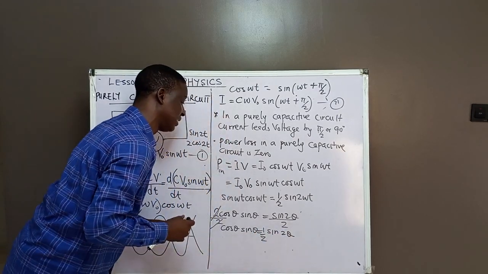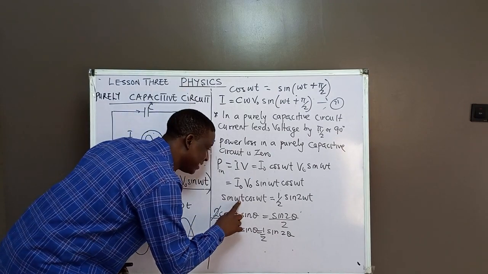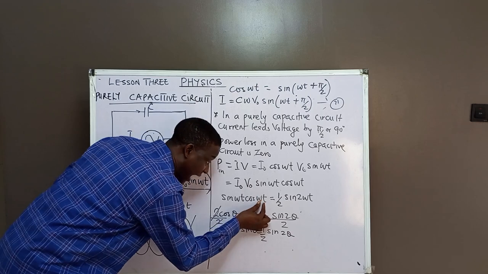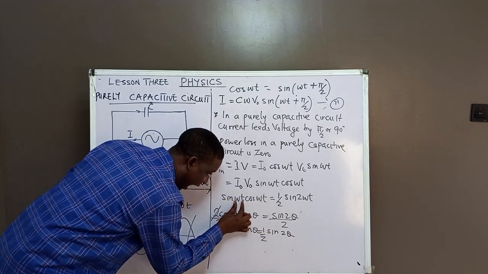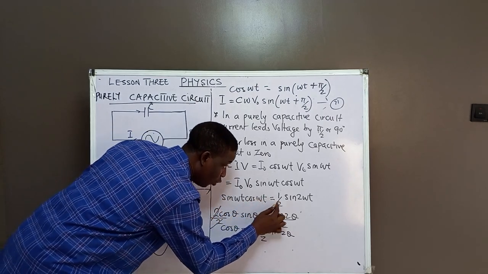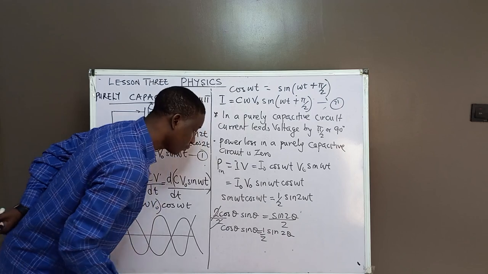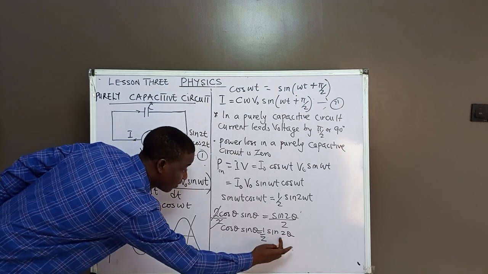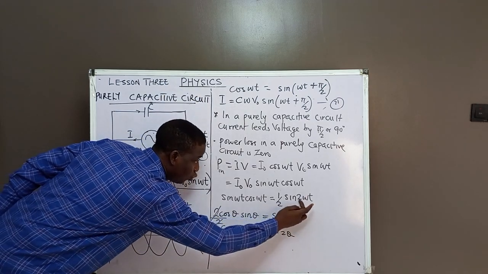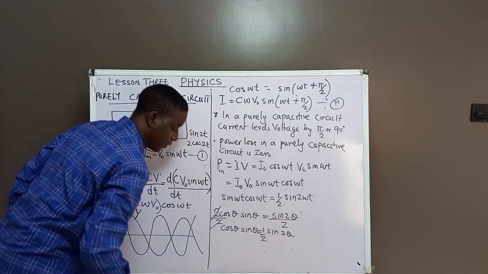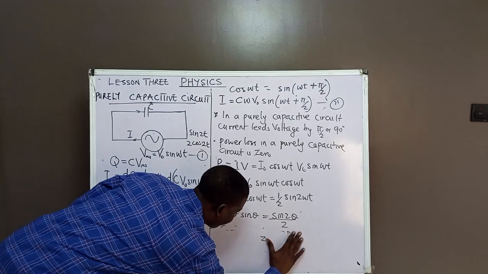So that's what I just did here. This one is like θ, this one is like θ. So just like sin θ cos θ equals half sin 2θ, that's what I just applied here. So this one is like 2θ, then half.